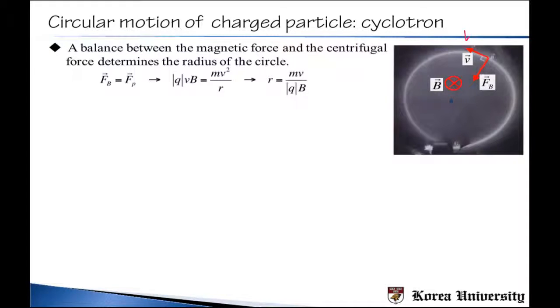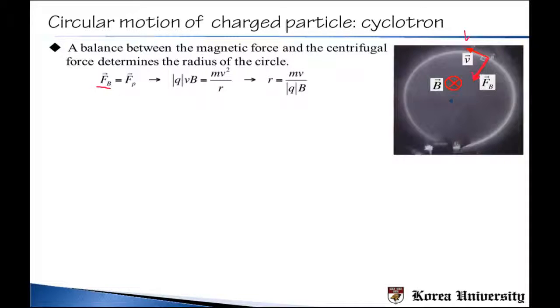And here we have this magnetic field going again directly into the screen. And then the velocity vector is again perpendicular to the magnetic field. And then there is a centripetal force acting perpendicular to both the magnetic field and the velocity vector. Okay, and where does this centripetal force come from?